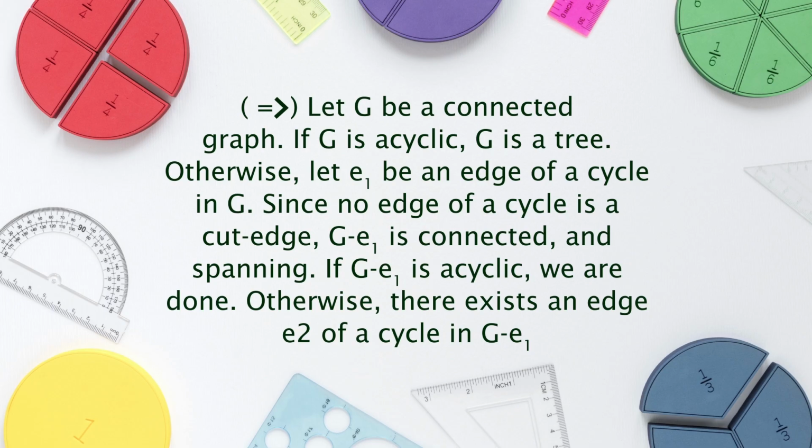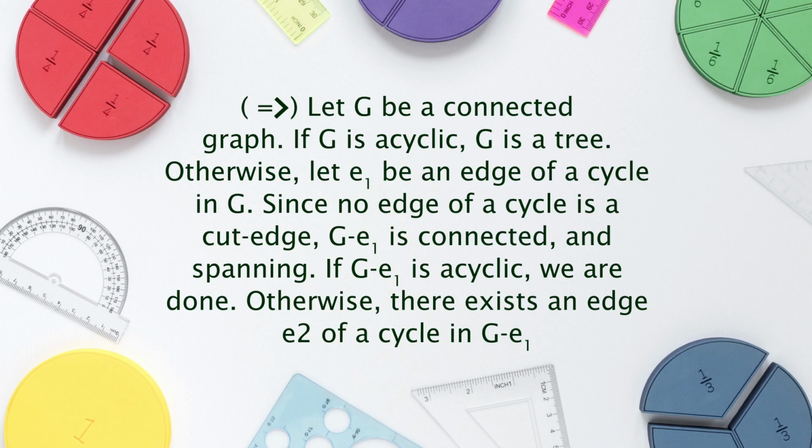Because E1 cannot be a cut edge. So removal of E1 from G leaves a graph which is still connected, and of course spanning, right? Because removal of an edge does not mean the removal of its endpoints. So G minus E1 has the same vertex set which G has.